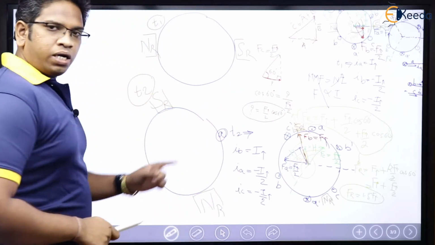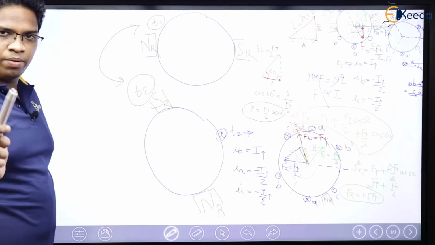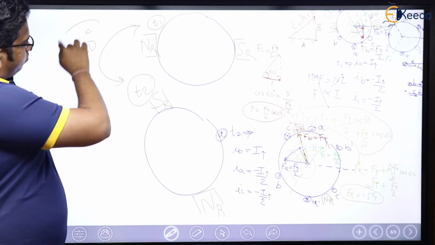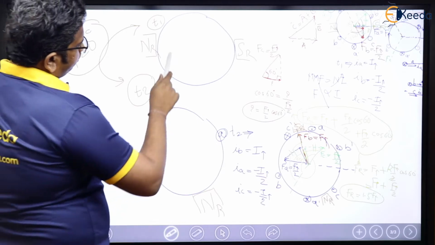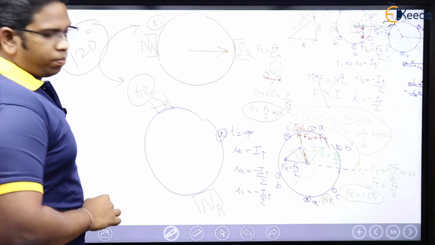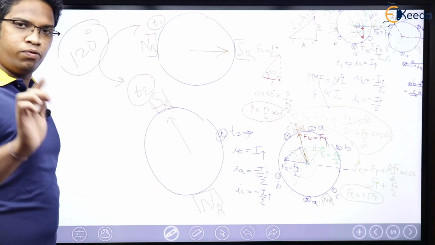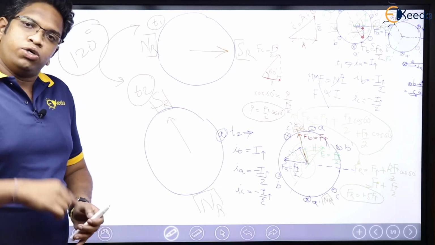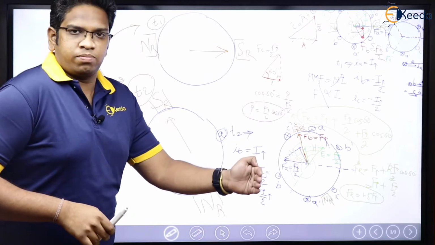In time from T1 to T2, you waited for 120 degrees, and here if you see, this is north and this is south, so this was the way the MMF went, and here it is north and here it is south, so this is how the MMF went. Now, from T1 to T2, you displaced time by 120 degrees, means you waited for 120 degrees, which means IA maximum to IB maximum.